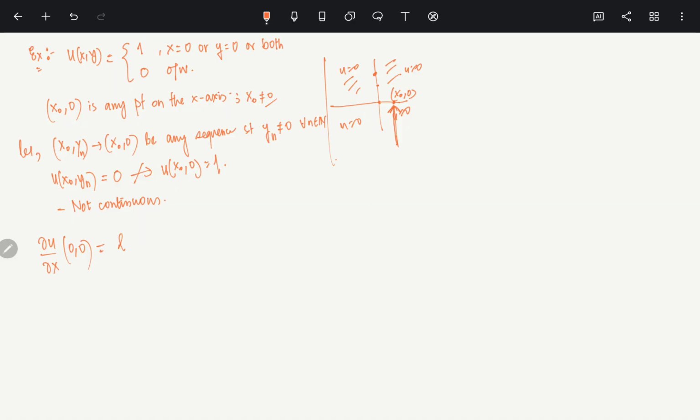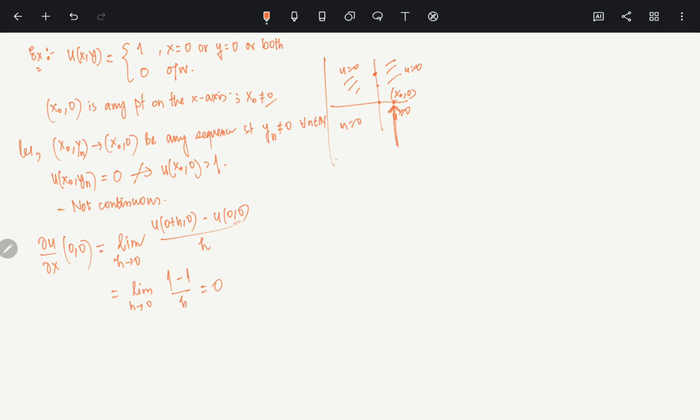If it exists, then this limit should exist. What is the limit? Limit h tends to 0 of u of (0 plus h, 0) minus u of (0, 0), divided by h. This should exist. So what does this give me? You see, u of (h, 0) minus u of (0, 0) is 1 minus 1 by h, which is actually 0.